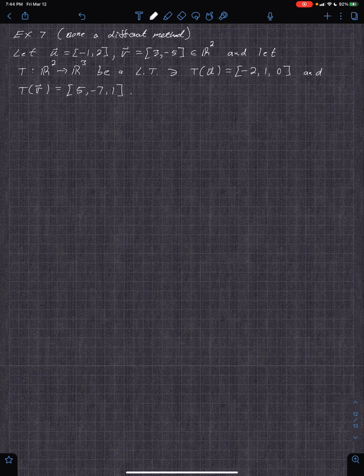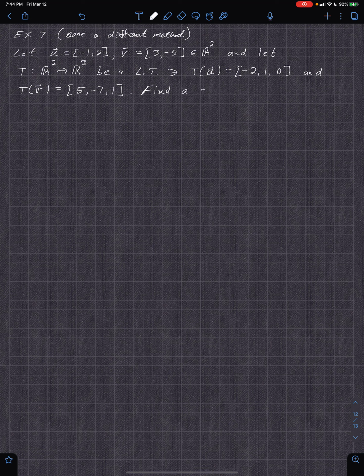Okay, so, haven't talked about this yet, but we're going to find what's called a standard matrix representation A of that transformation. So we're going to find a matrix that gives us that transformation.